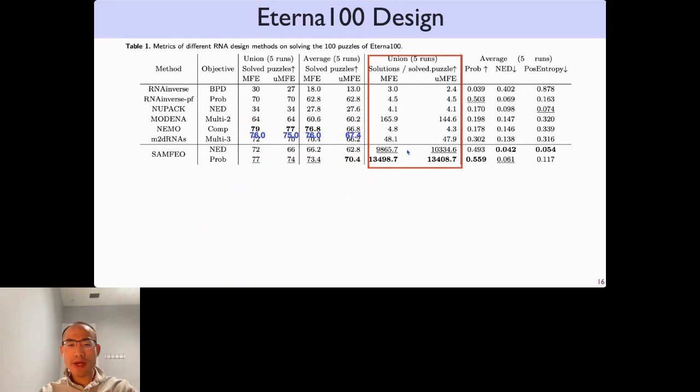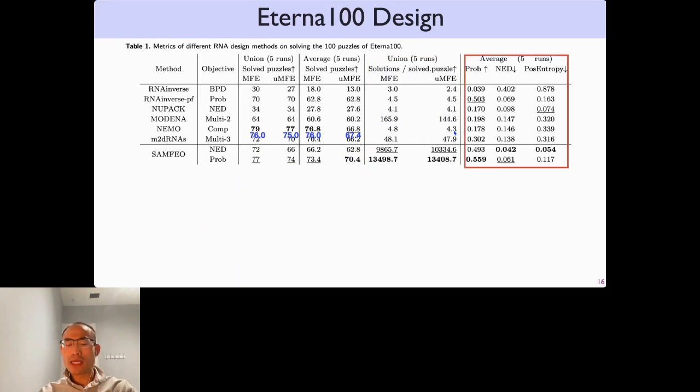We then compare, for each solved puzzle, how many MFE solutions each method can give. We can see the method sample can generate tens of thousands of MFE solutions for each of the solved puzzles, which is much more than the results of other methods, because other methods can only output at most less than 200 MFE solutions.